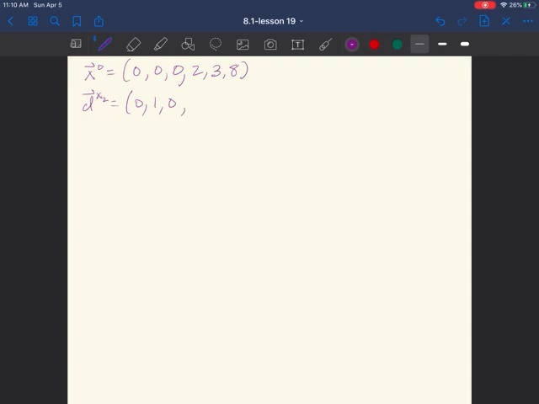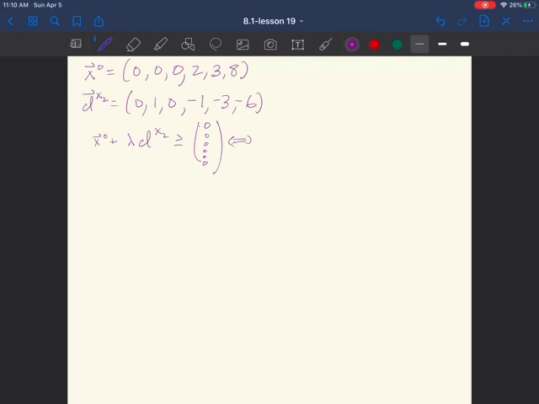We're using dx2, which is equal to 0, 1, 0, negative 1, negative 3, negative 6. And we want to know, well, I need that x0 plus lambda dx2 to be non-negative. So I need this to be greater or equal to 0, 0, 0, 0, 0, 0.